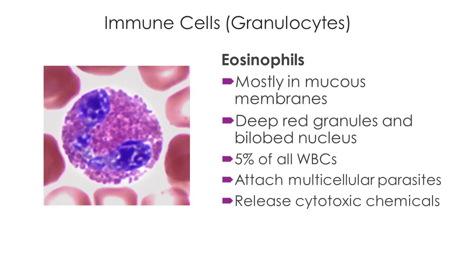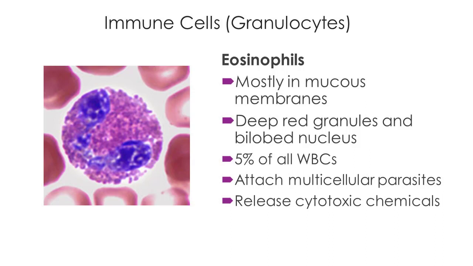Now, with this type of granulocyte, you can already see that the granules are much larger than we saw with the neutrophils. In fact, when histologists stain blood smears with a stain called eosin, which stains material red, these granules picked up a lot of the red. So they said, oh, these granules love eosin. They love red.